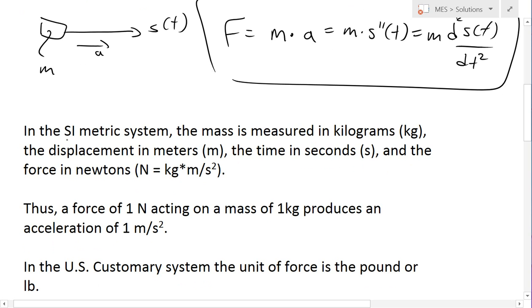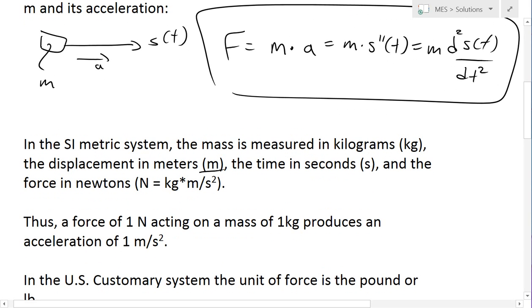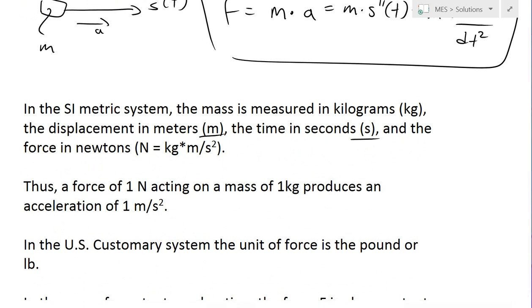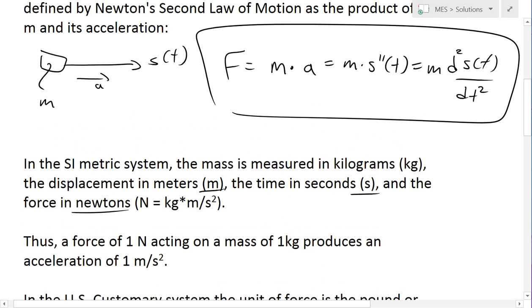In the SI, or the Standard International Metric System units, the mass is measured in kilograms, the displacement, or position, in meters, and the time in seconds. So the force is going to be in newtons, which is kilograms times meters per second squared.